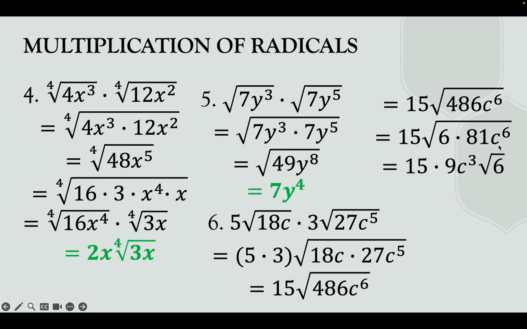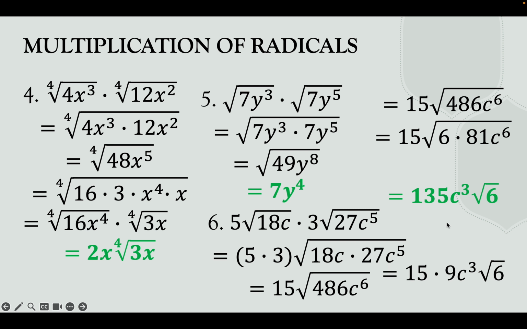And then square root of c raised to 6 is c raised to 3. And then copy the remaining term in the radical, square root of 6. So we have 15 times 9, c raised to 3 times square root of 6. So 15 times 9 is 135, c raised to 3 square root of 6. So this is our final answer.